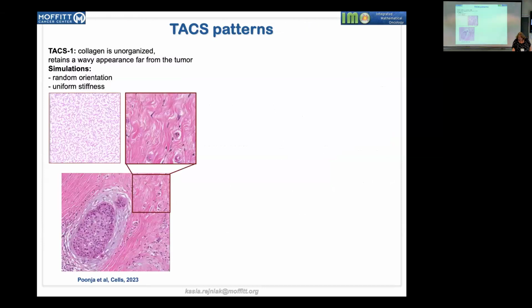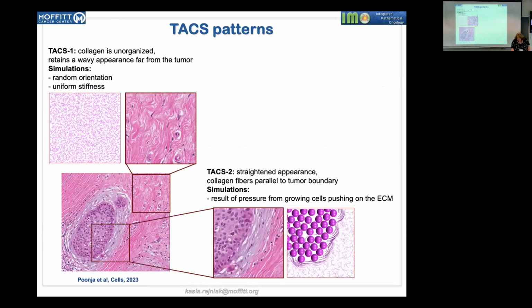With this, we would like to first recreate those 3 different tags. For the first one, TACS 1, we defined a random direction of the fibers. They are all uniform and have uniform small stiffness. For TACS 2, when the cells are growing and pushing, in the histology you see those ECM fibers aligned, encapsulating the tumor, and that's what we are trying to recreate as well.